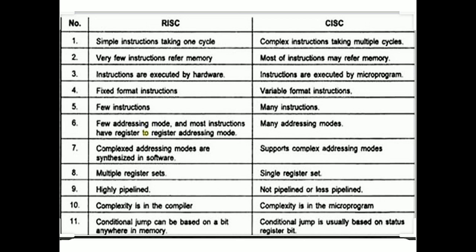Some of the RISC processors are PowerPC 601, 604, 615, 620, etc. The major characteristics of a RISC processor are: it consists of simple instructions, it supports various data type formats, it utilizes simple addressing modes and fixed length instructions for pipelining.